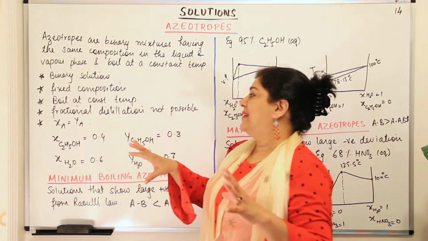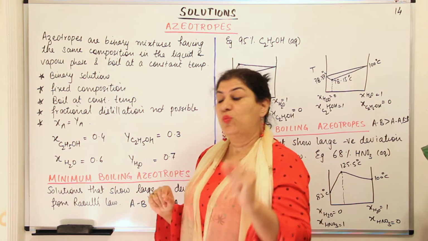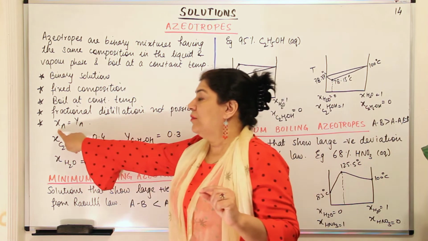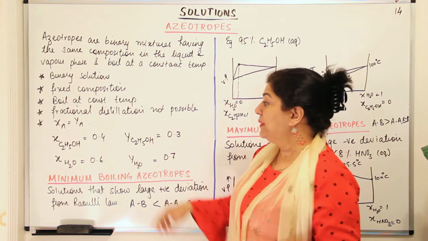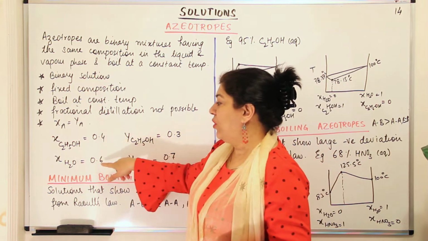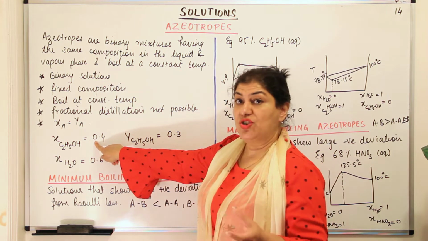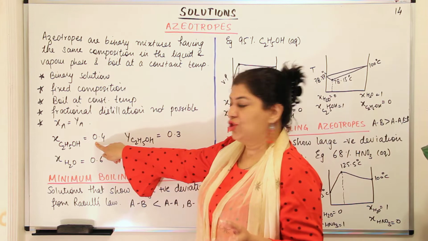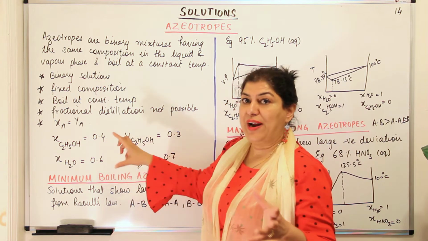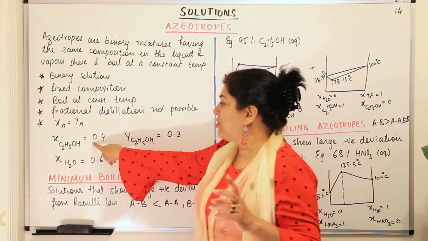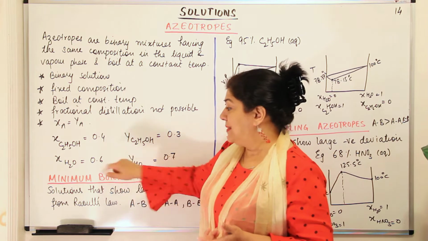Now, when is it that fractional distillation is possible? Fractional distillation is only possible when the value of XA is not equal to YA. For example, you have a mixture of ethanol in water, and let us assume that the mole fraction of ethanol is 0.4. We know the sum of the mole fractions of all the components is 1. So if this is 0.4, this should be 1 minus 0.4, that is 0.6.